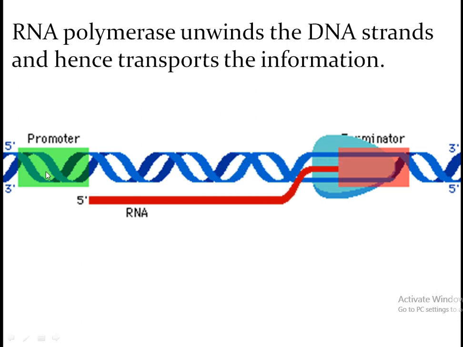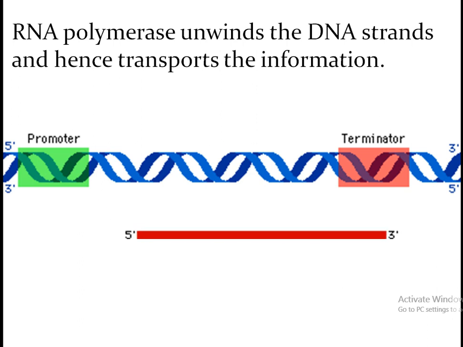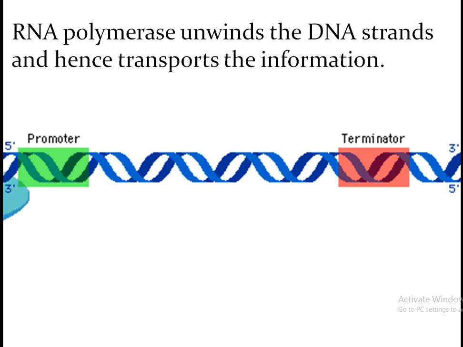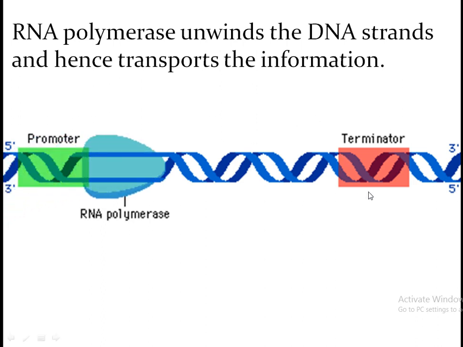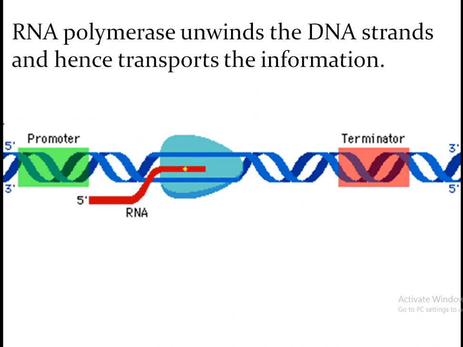Starting from the 5' to 3' position, the starting point is the promoter and the ending point is the terminator. In between, through the enzyme RNA polymerase, a specific mRNA is formed according to the code which is present between these points.